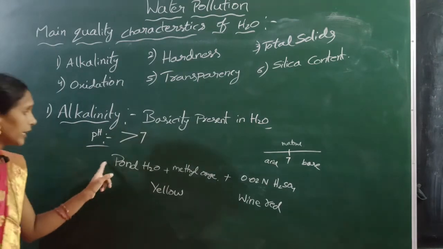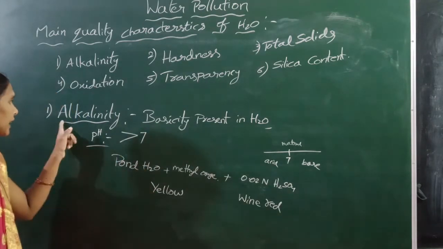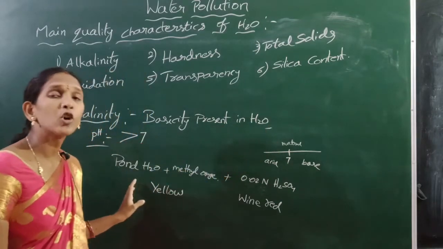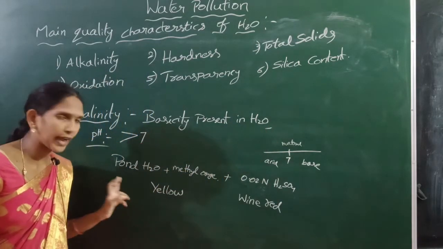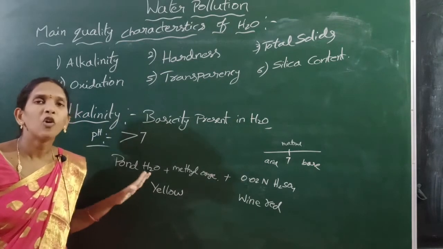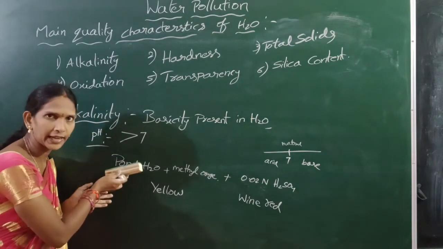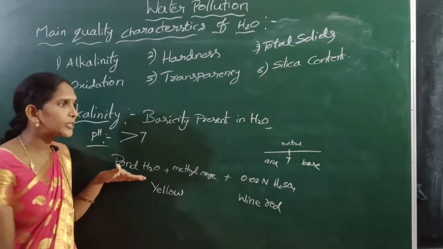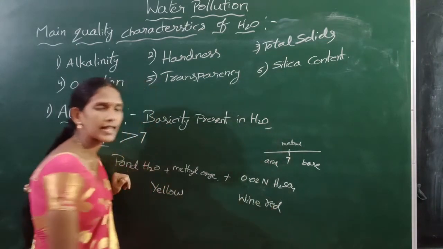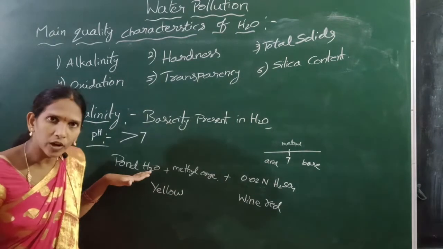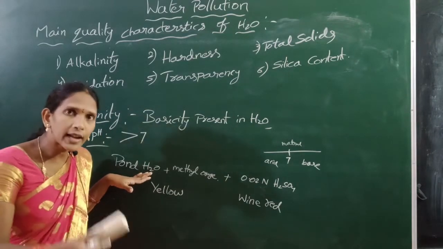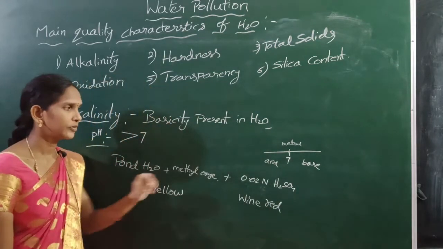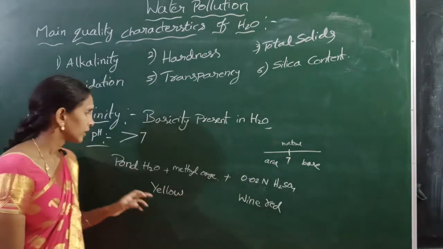That means pond water has alkalinity. Pond water means basicity is present in water. That means OH minus ion concentration is high. These OH minus ions are neutralized by H plus ions in the acid from the burette.